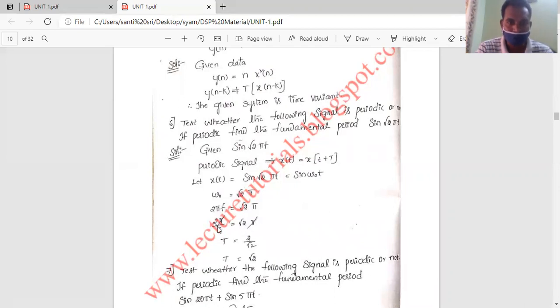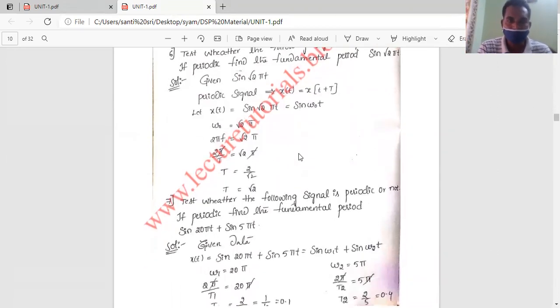This pi and this pi get cancelled. So T equals 2 by root 2, or 2 is equal to T into root 2. So this is the fundamental period of the given problem.